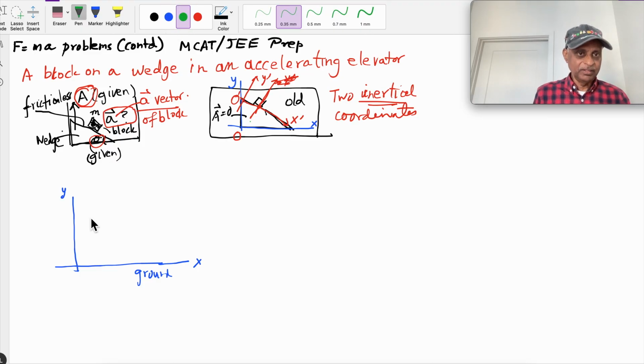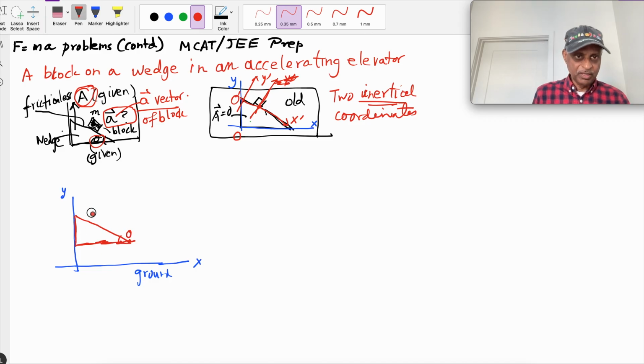At instant t, this block and wedge will look like this. At some instant t, the block will be over here, with of course this angle theta.